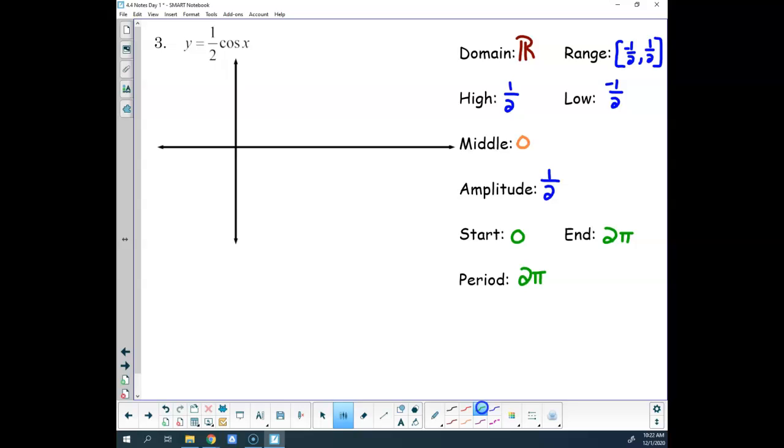It is a cosine curve. So cosine starts high, ends high, fill it in, 0, negative 1/2.